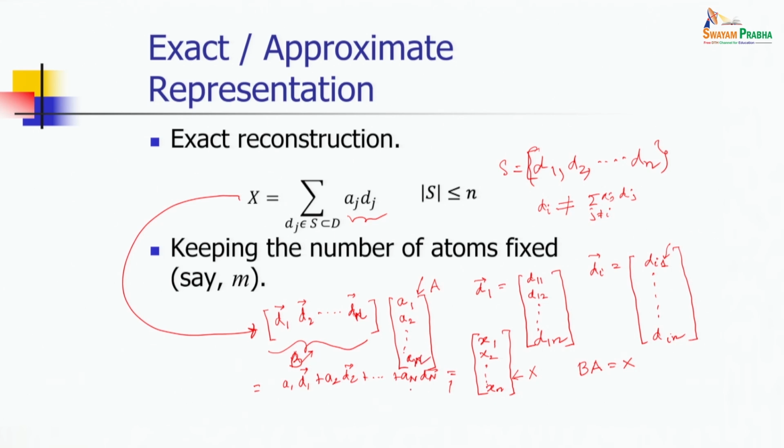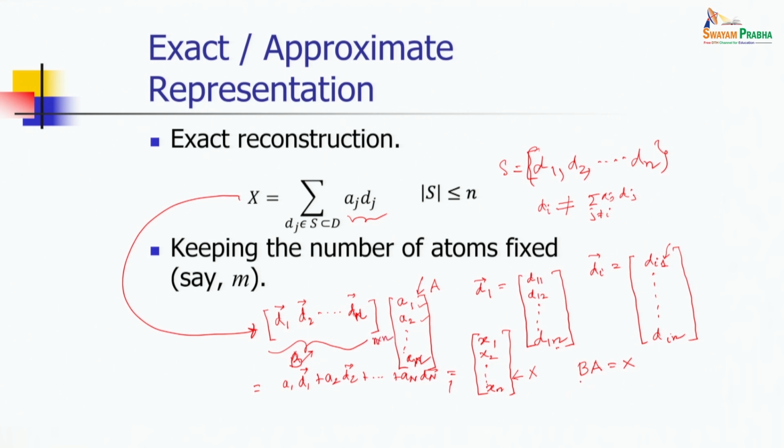Now, when there are exactly n unknowns, what is the size of this matrix B? As you know, each column is of dimension n, so here you have n cross n.